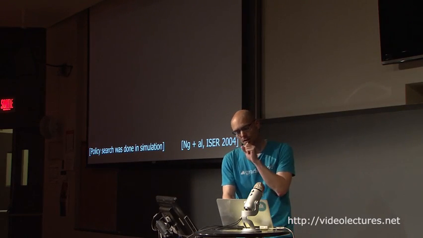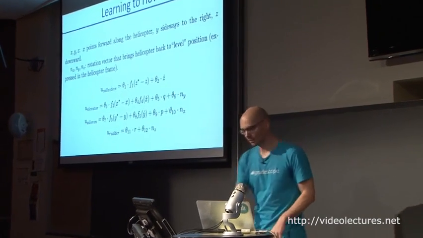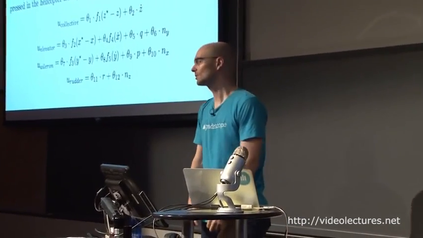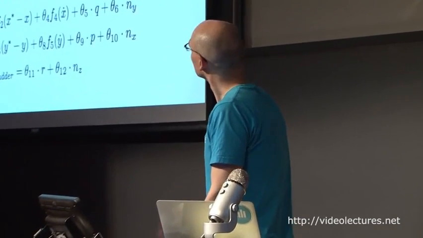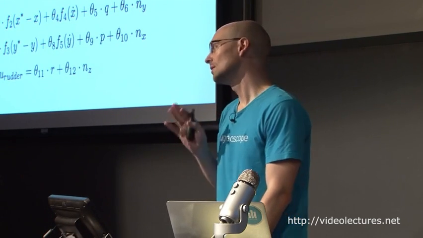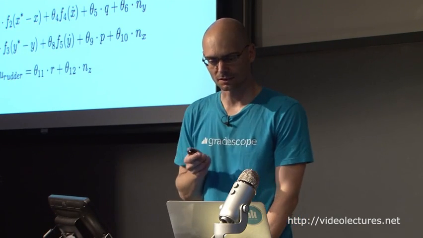So underneath the policy here was relatively simple, just 12 parameters. If that's the number of parameters, again, these kind of methods can work pretty well. You don't need necessarily much more than these basic methods. But now let's start digging into higher dimensional policies and see what we can do there.